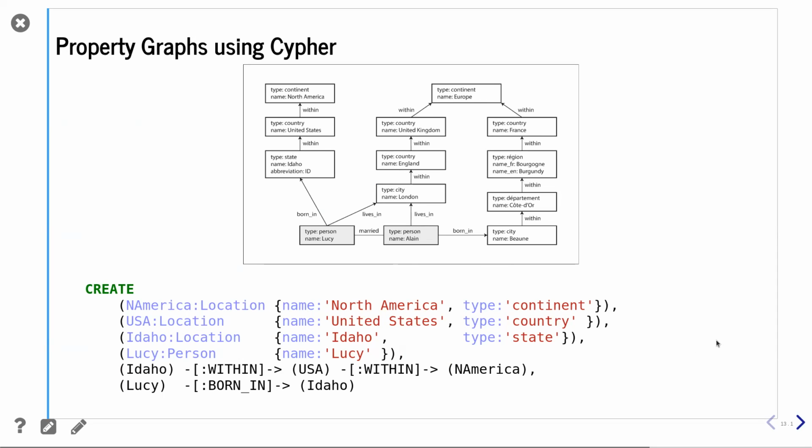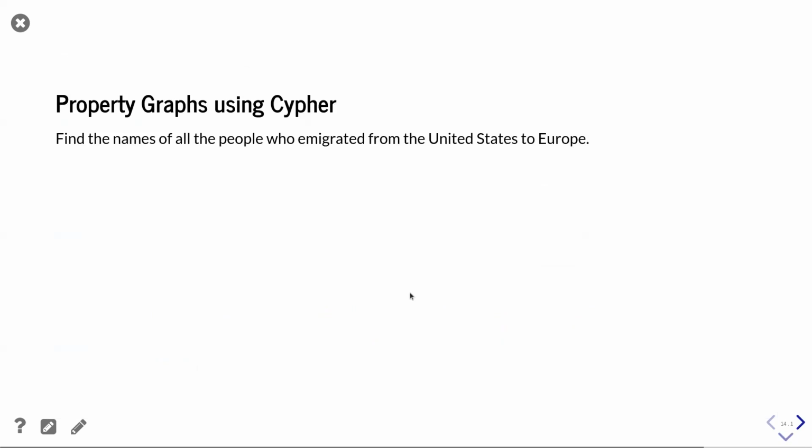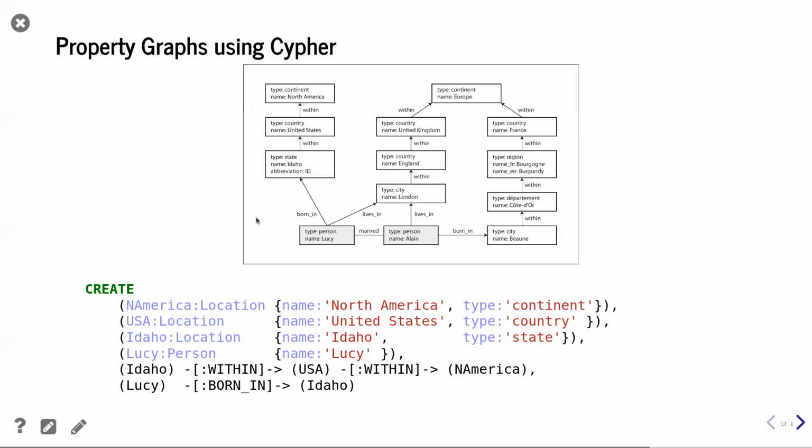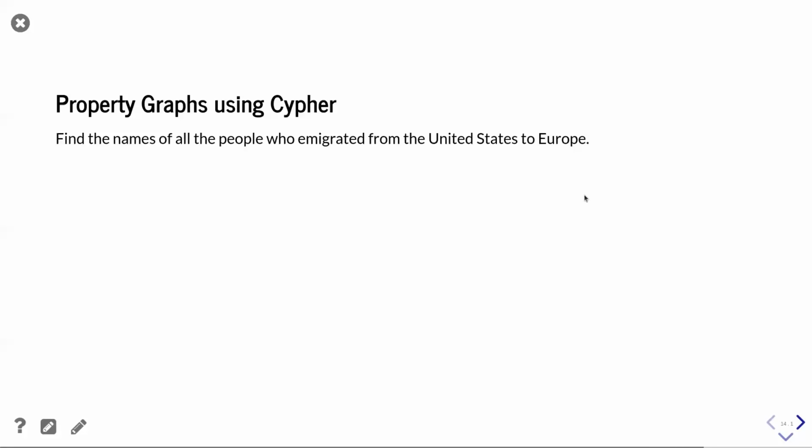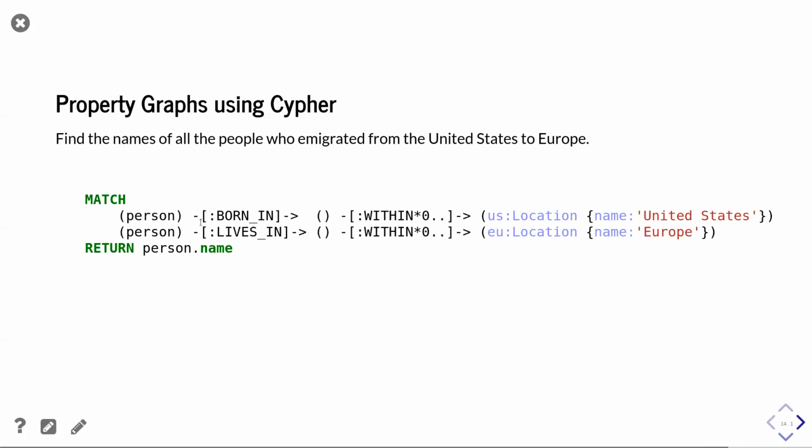Now, if you want to do some queries like find the names of all people who immigrated from the United States to Europe, this means everyone who was born in the United States but lives in some other place, like here, Europe. So how would we do it in Cypher? We will just run this query. So we have a vertex of type person, and we have this edge, the outgoing edge from that vertex, which we named as person.